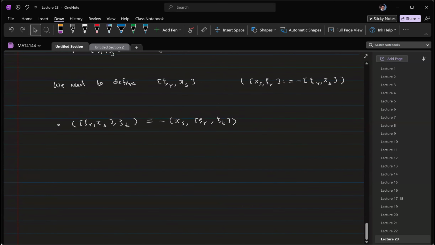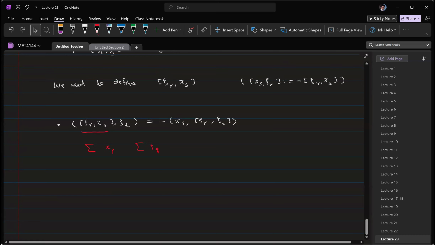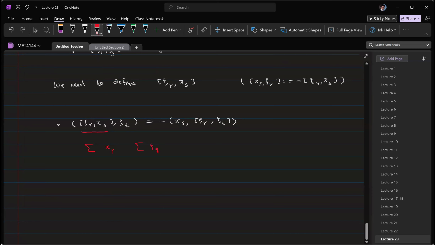All right. But now, I want to define this bracket, okay? And this is some combination of the x's and some combination of the c's. Now, if I want to know the coefficient of a certain x here, I should pair it with the corresponding dual vector and see what the number is, and it should be given on the right-hand side, right?